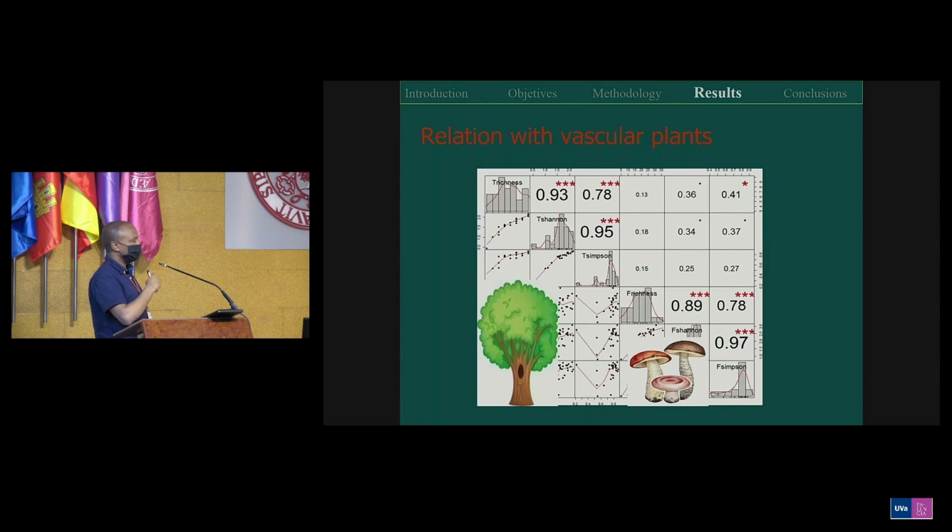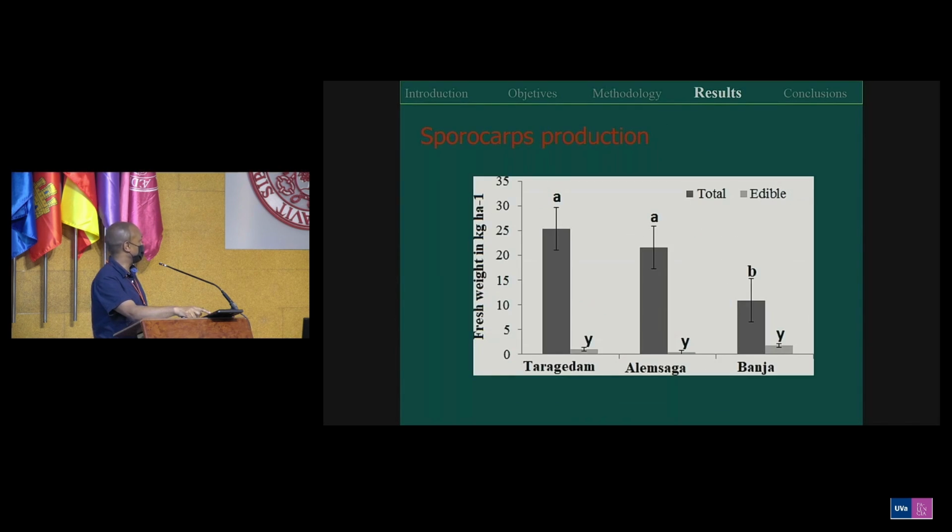And also we tried to correlate the vascular plant species richness and the diversity indices of the vascular plants with the macrofungal species, and we found that vascular plant species richness is directly correlated with the diversity of macrofungal species in the study.